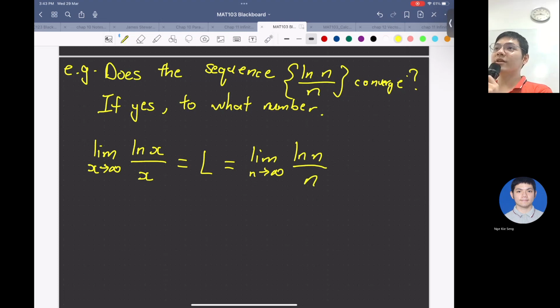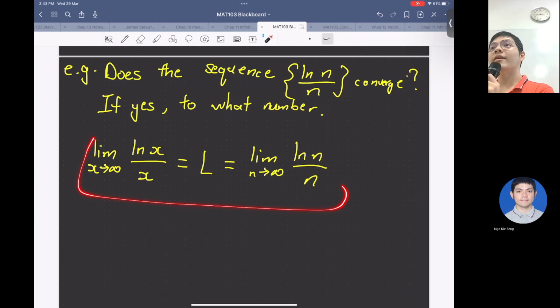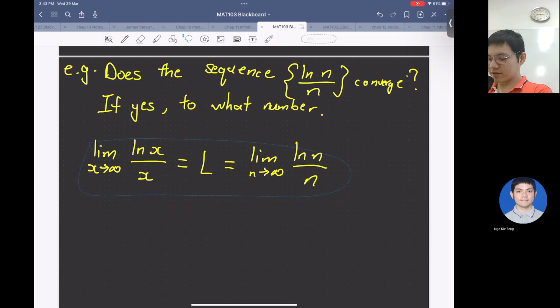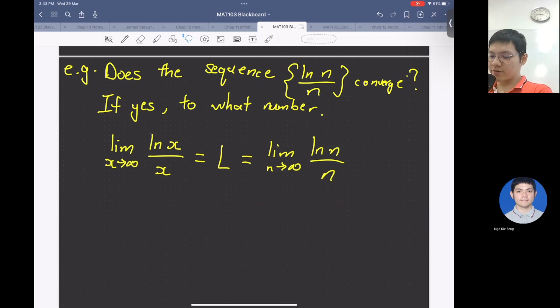Is that what you mean? Good. What's your name? Wensu. So as Wensu suggests, we want to use L'Hopital's rule.